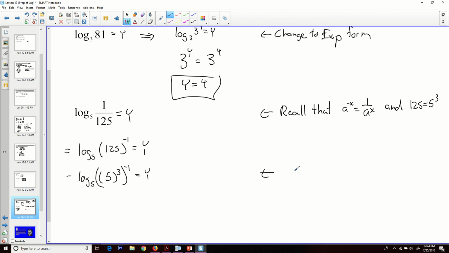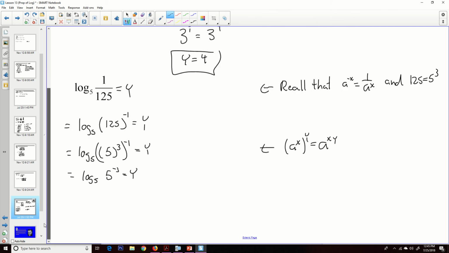And so here we can use a to the x to the y equaling a to the xy, and that'll give me log base 5 of 5 to the negative 3rd equaling y. And so change to exponential form just like we did in the last one. 5 to the y equals 5 to the negative 3. Therefore, we can conclude that y equals negative 3 and be done.